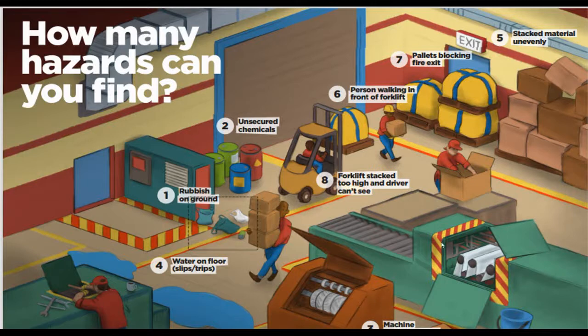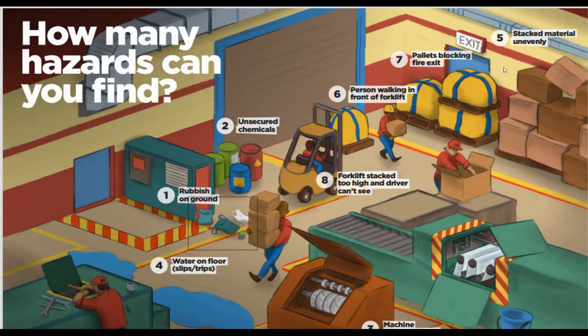As we can see, the machine guard is opened and exposed. So the risk will be injury to the operator. And then number 4, water on the floor will cause a slip or trip, and the cable cord.